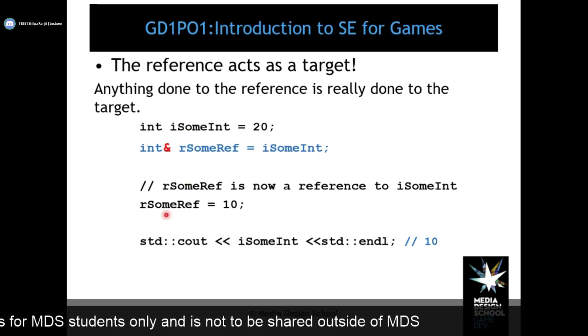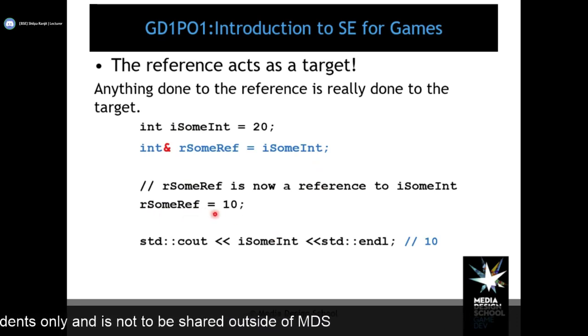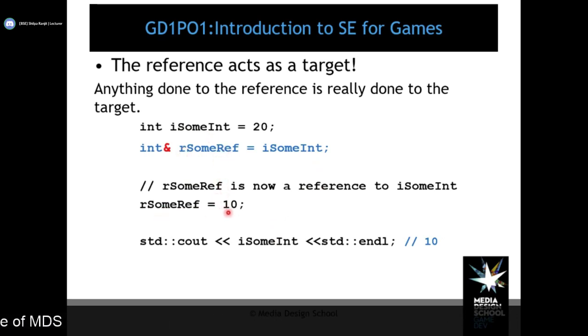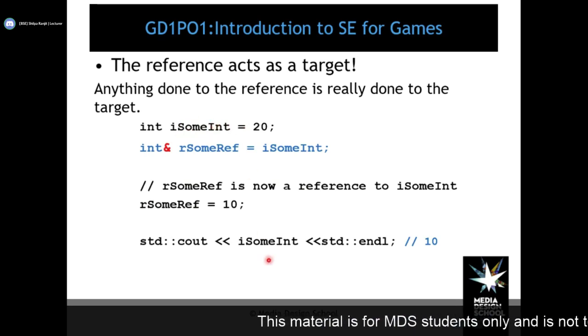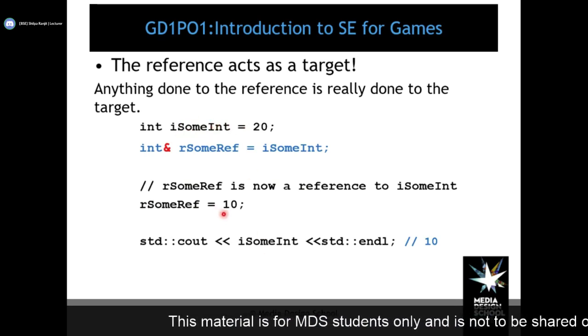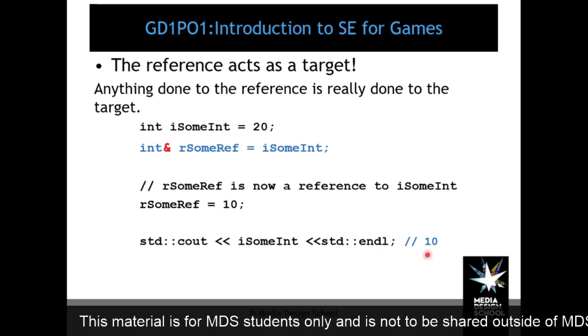And so if I do rsumref is equal to 10. So remember rsumref is a reference to the isumInt. So if I do rsumref is equal to 10, and if I try to print out the value using the original integer name, it is going to show me the new updated value, that is 10.